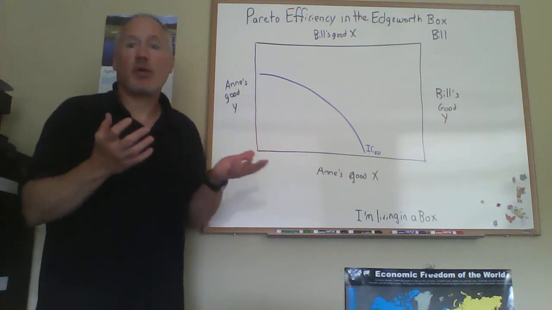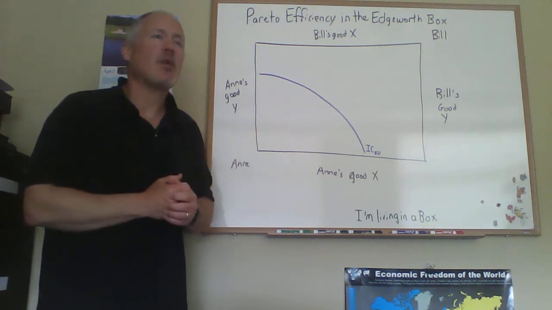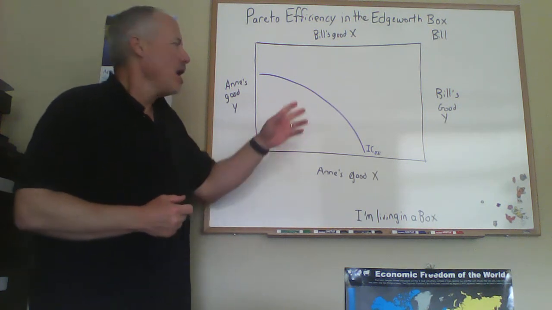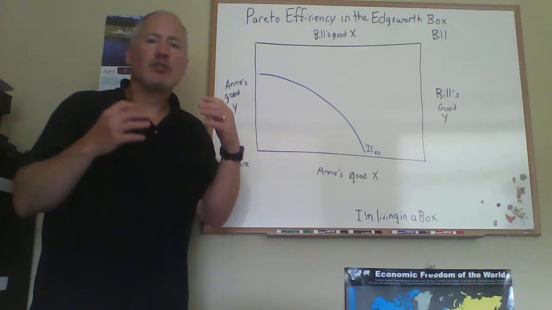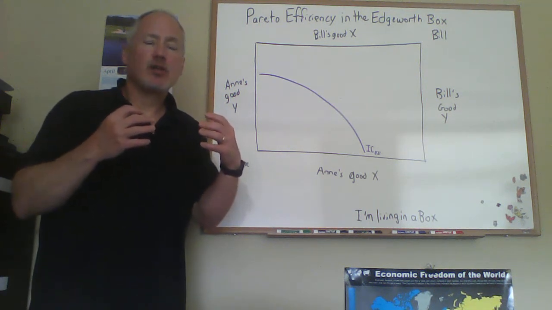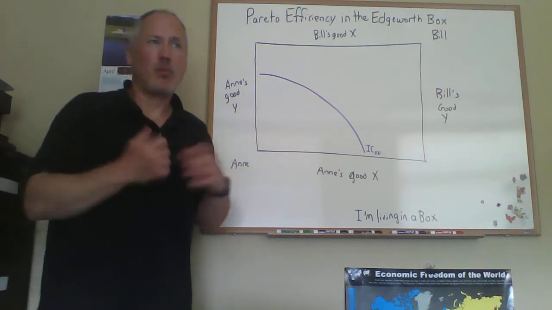And now it turns out that a very convenient way to think about Pareto efficiency would be to say, how can we maximize Ann's utility subject to a constraint on Bill's utility? Now, why does that make sense?